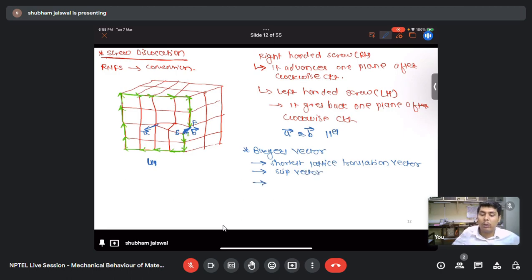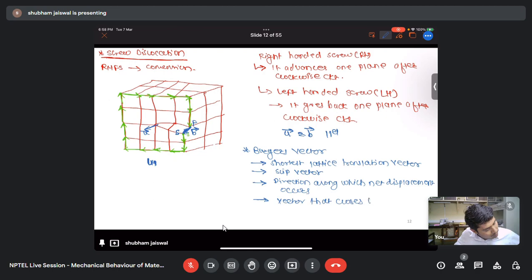Third, it is the direction along which the net displacement occurs. Also, the fourth point about the Burgers vector is that it is the vector that closes the Burgers circuit.